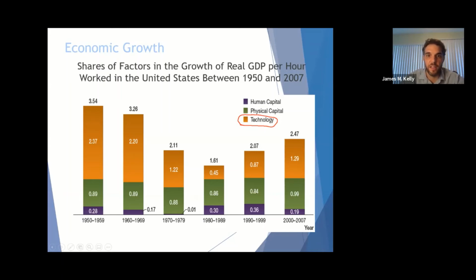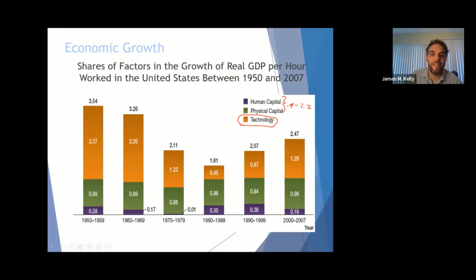increases in productivity through physical and human capital, through labor and capital, stay pretty constant in aggregate. They're anywhere between growth rates of about 0.9 to about 1.2 over the last 6 decades.